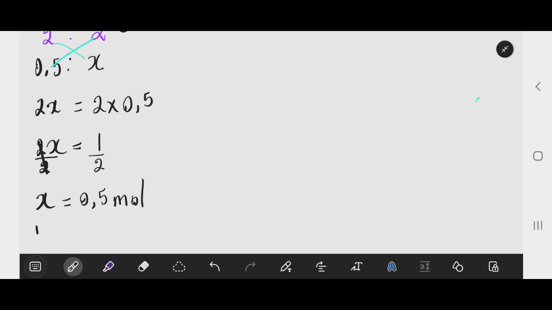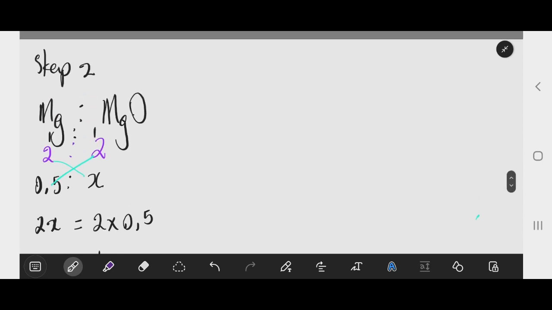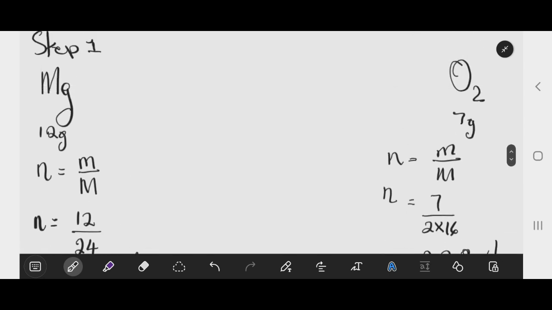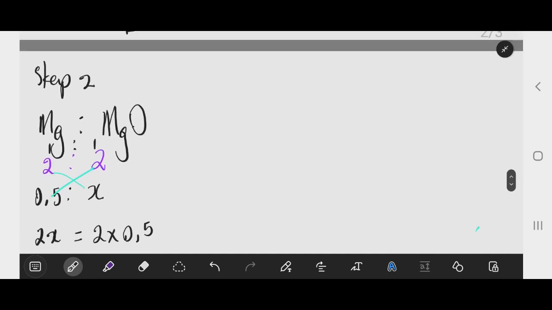So it means the number of moles of magnesium oxide that we can produce is 0.5 if we use magnesium, right?